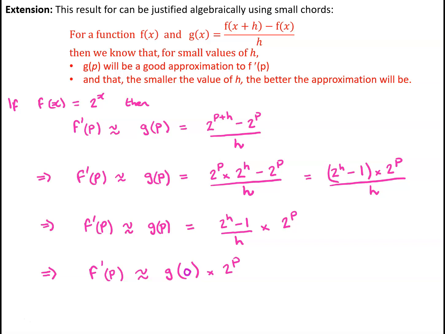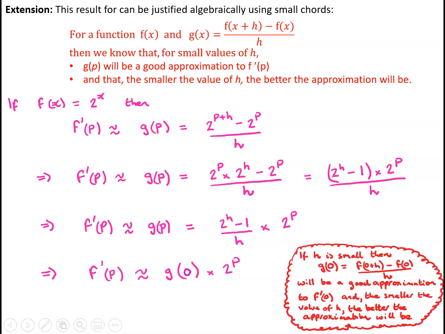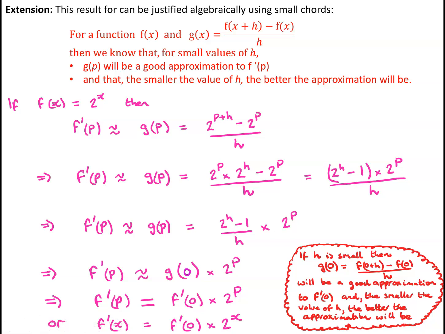So we can say that f dash p is going to equal f dash 0 times 2 to the p, or equivalently f dash x is going to equal f dash 0 times 2 to the power x.